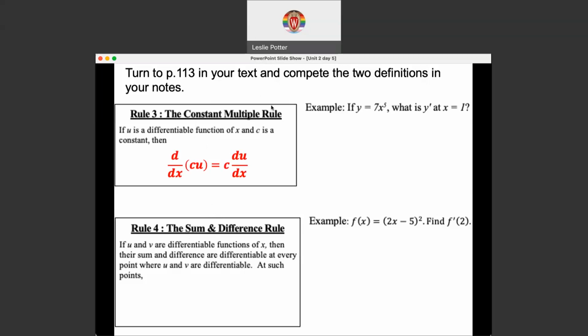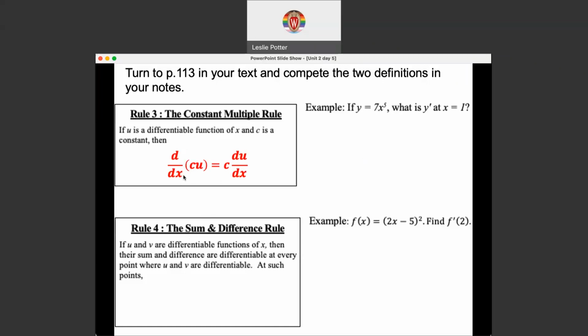The constant multiple rule says this: if u is a differentiable function of x and c is a constant, like 7x to the 5th power, that would be c times u. We differentiated x to the 5th; now we're going to differentiate 7x to the 5th.